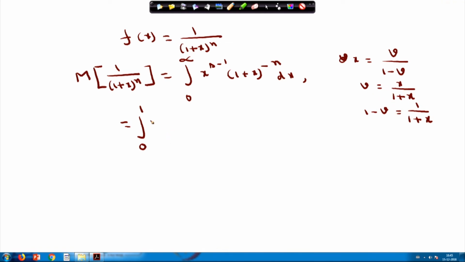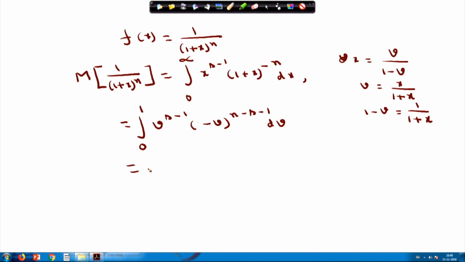So, it is equal to v to the power s minus 1 into 1 by 1 plus x whole to the power n, and 1 plus x whole to the power n means 1 minus v to the power n. So, this becomes 1 minus v to the power n minus s minus 1 into dv. By this substitution x equals v by 1 minus v, I am getting this.